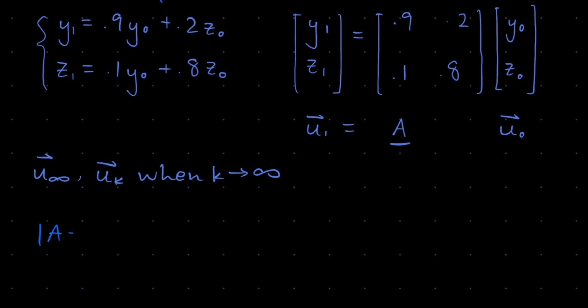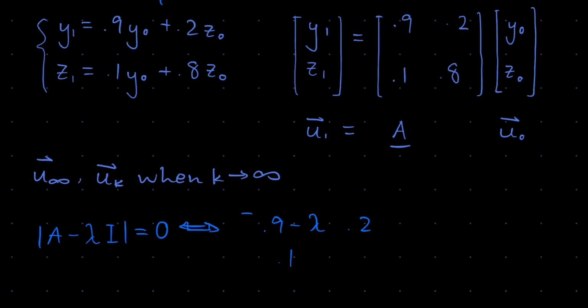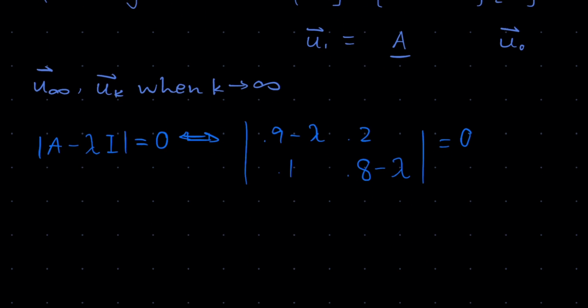So, computing this, we directly have this thing: 0.9 minus lambda, 0.2, 0.1, and 0.8 minus lambda. We're going to put that in the determinant, and that is equal to 0. Now, I'm not going to go through the full detail, but we get lambda squared minus 1.7 lambda plus 0.7.